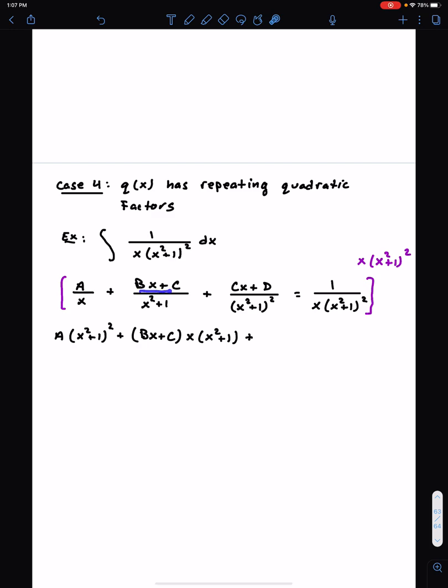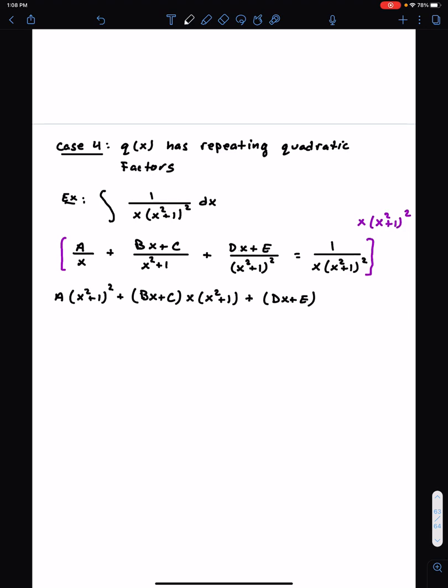Since I have bx plus c here, I can't repeat these letters. So a, b, c, this should be a d, and this should be an e. So plus dx plus e times an x is equal to 1.